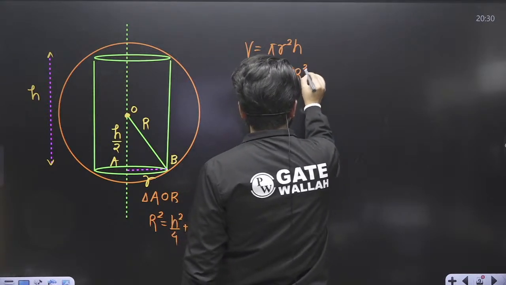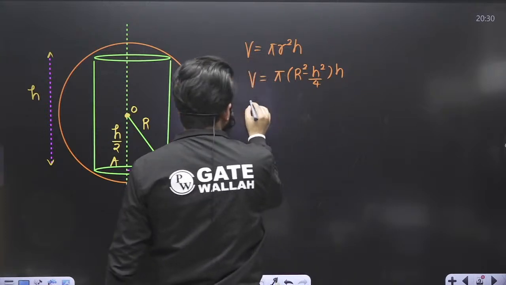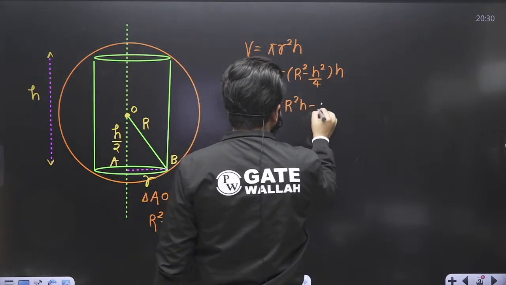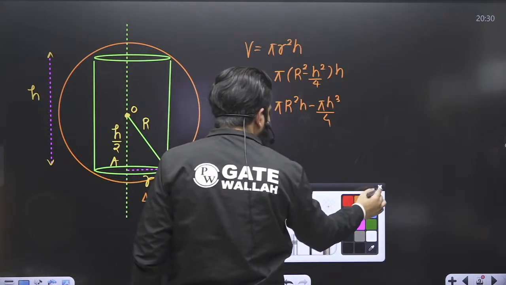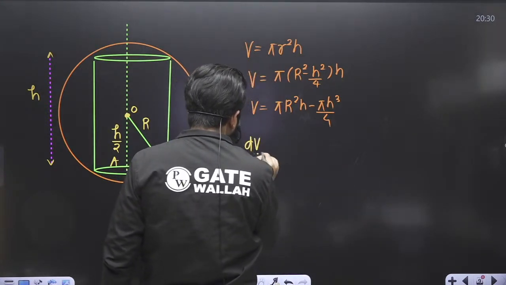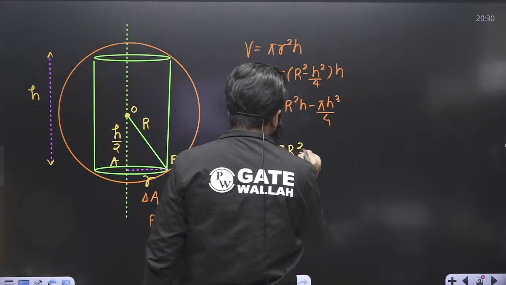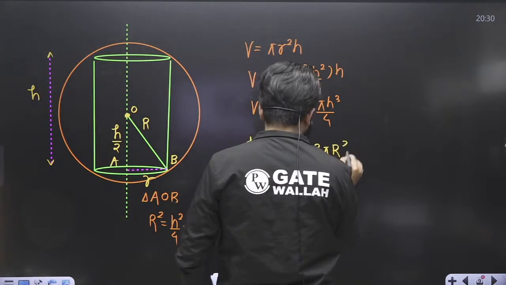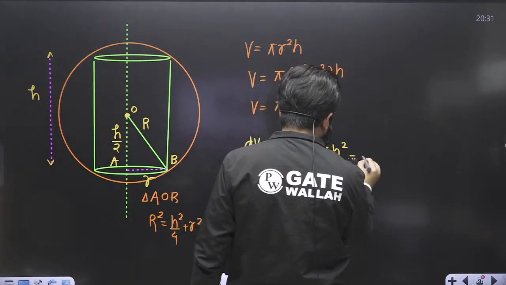This will become R square minus h square by 4, and this value becomes h. So the V becomes pi R square h minus pi h cube by 4. I will differentiate this expression with respect to h. So this dV by dh becomes pi R square minus 3 pi h square by 4 equal to 0.